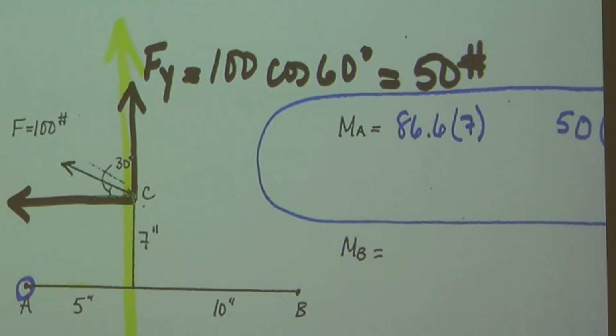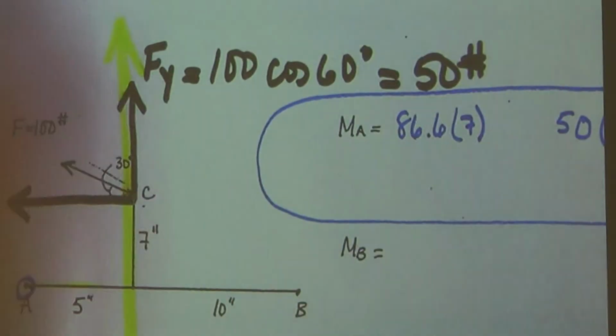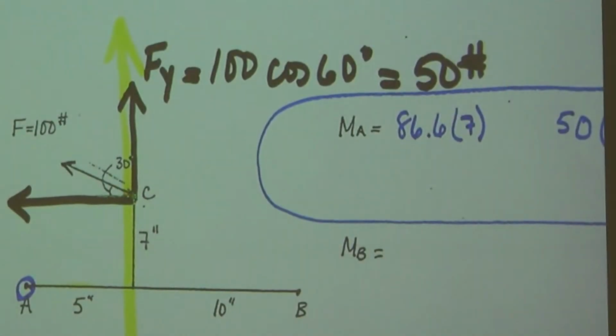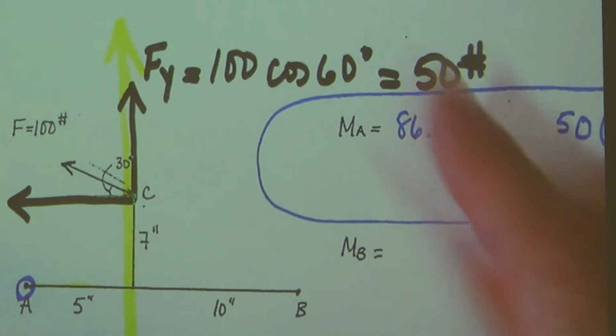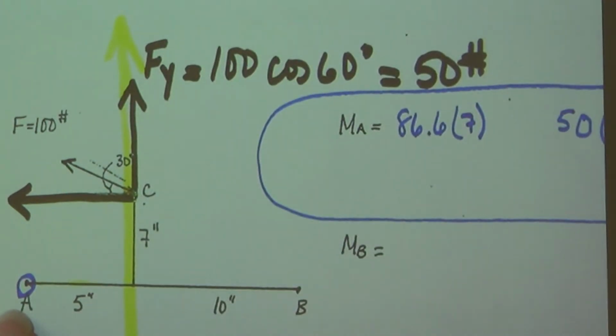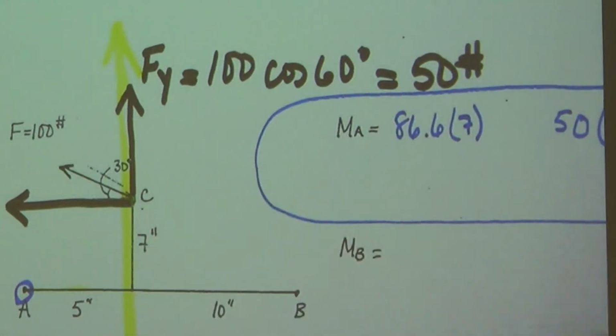So let's do positive or negative. Jose, I'm going to have you do that part. So the 86.6, this Fx, does it create a positive or negative moment about A? Fingers go in the direction of force, palm goes towards the point.